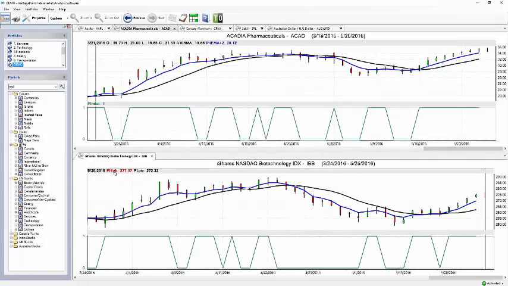So here I've got NASDAQ, the biotechnology shares, or the ETF here. And what I want to point out to you guys, though, is, look at what's happening at the same periods of time in these charts here, where you get this crossover. Actually, I should go ahead and make sure we got the same time period here.